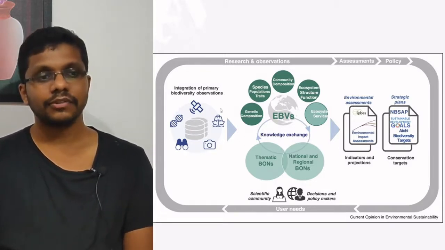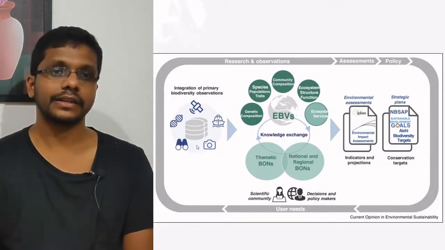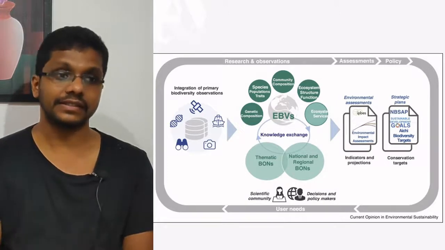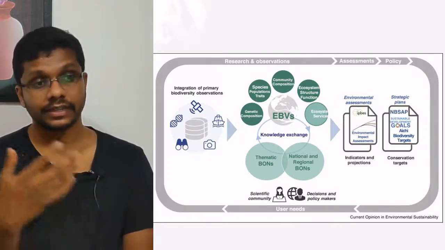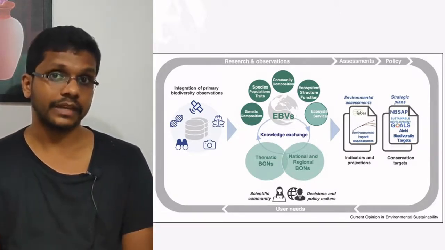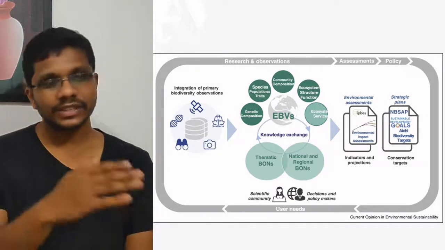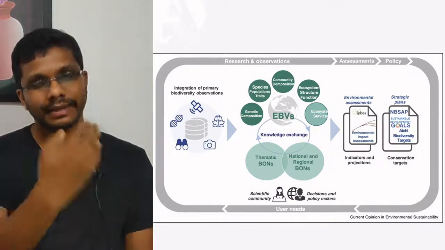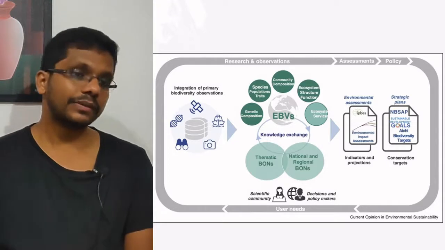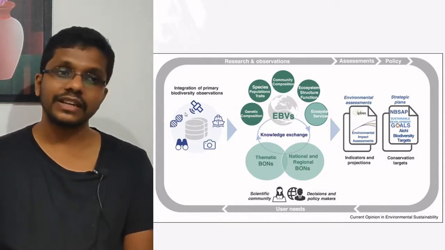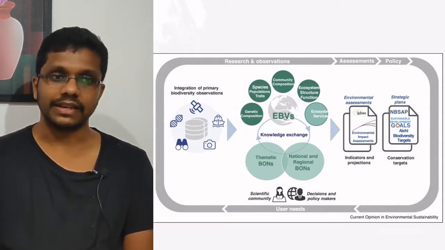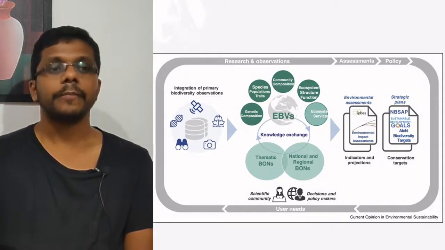So the thing is that in the primary data collection, we are using different techniques. In different conditions, different areas need different techniques. We cannot use the techniques that we are using in the marine environment in a tropical rainforest. So the techniques will change, the methods will change. But whatever techniques we are using, we are converting this data into EBVs, essential biodiversity variables.